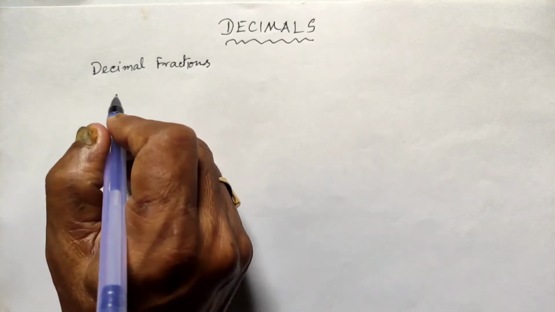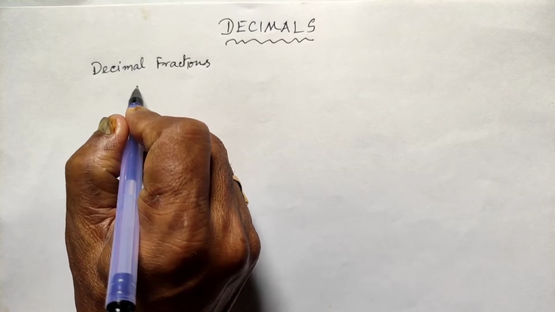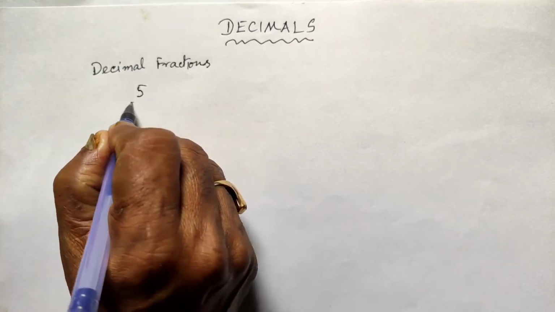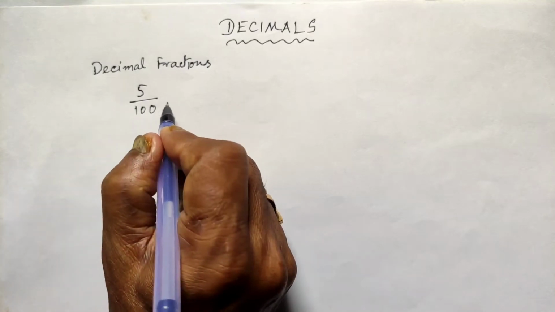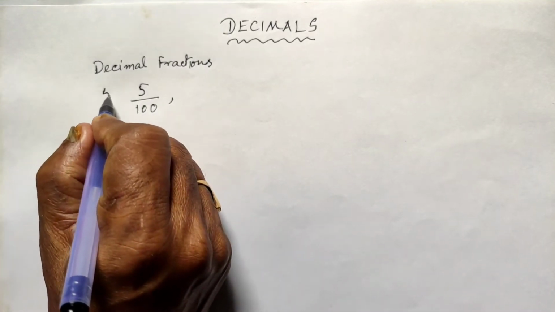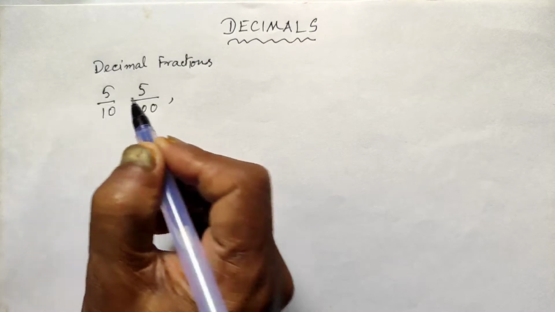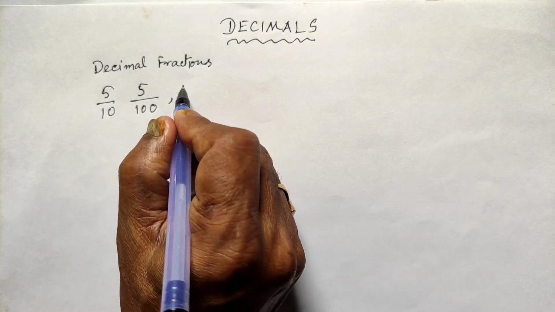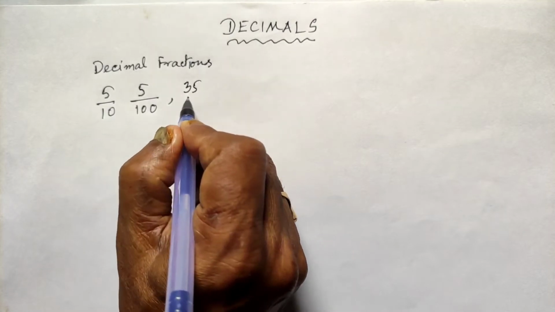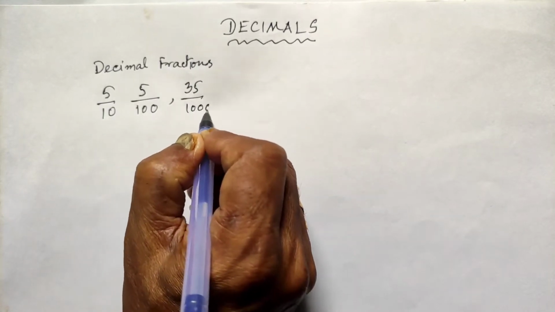For example, I can give you the example like 5 by 100. Over here I can give 5 by 10. Over here I can give 35 by 1000.